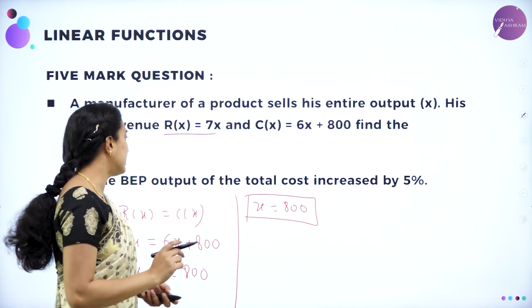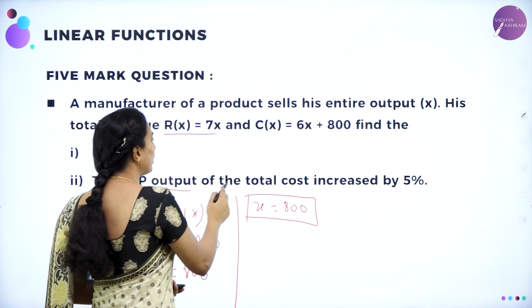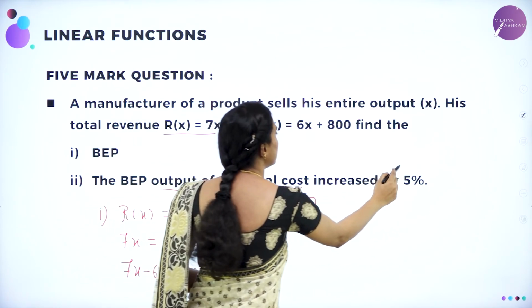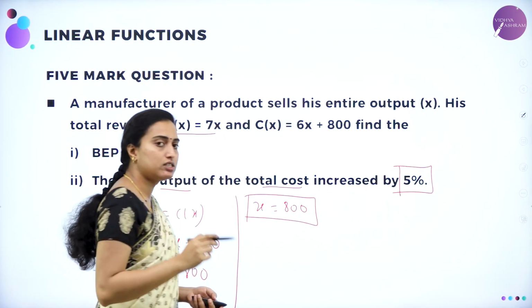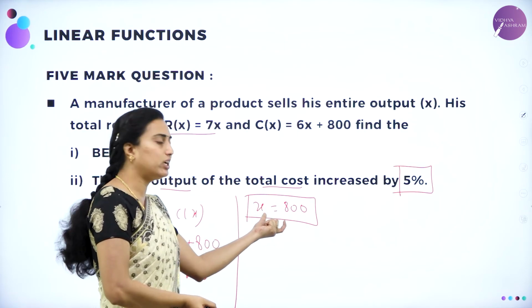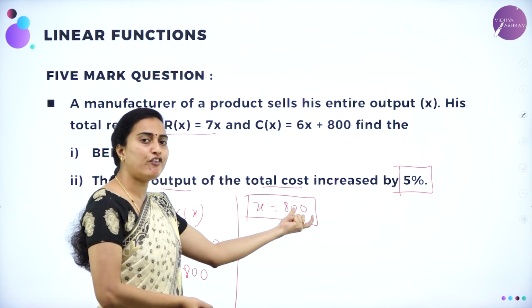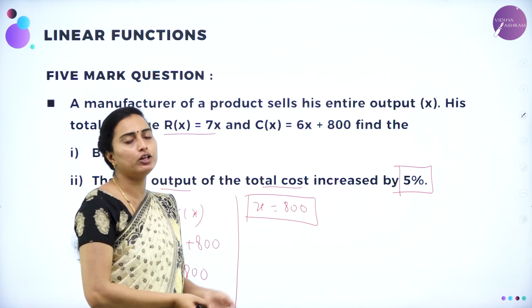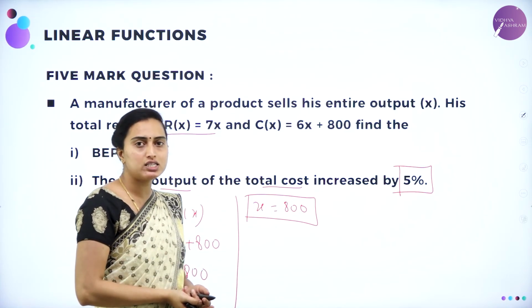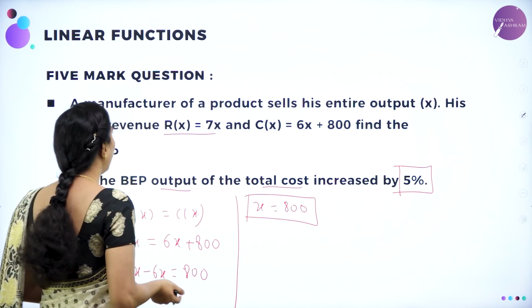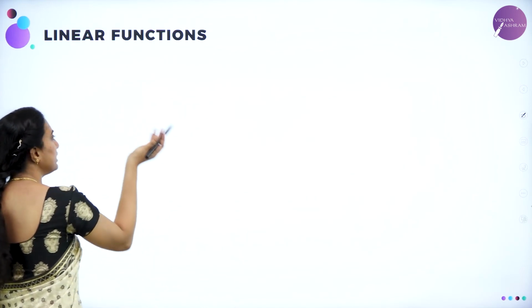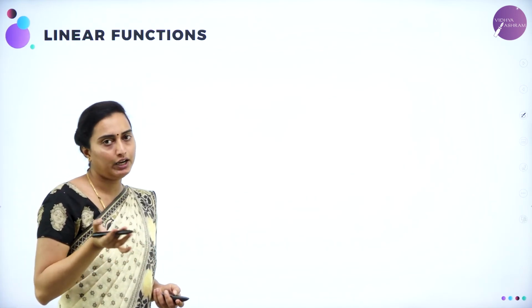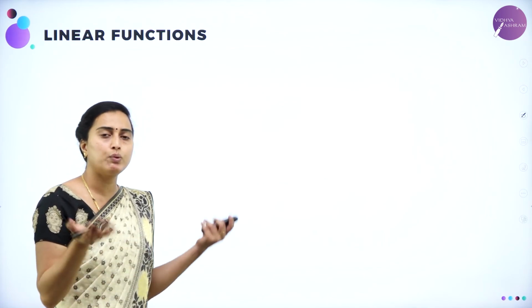Now what is the second one? They have asked for the BEP output if the total cost is increased by 5%. We have already found that x is equal to 800. What is 5% of 800? Which is 40 rupees. So if you add 40 rupees to that, it will be the answer. So x will be equal to 840.